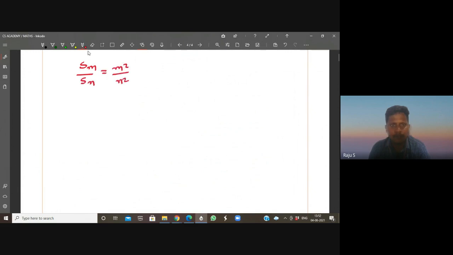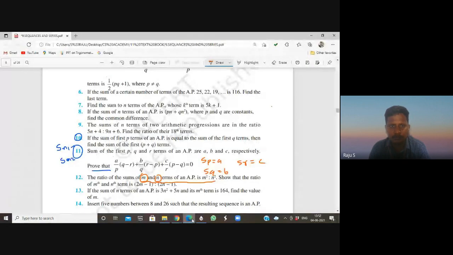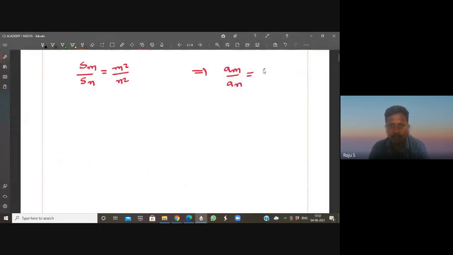Now we have to prove that Am by An is equal to 2m minus 1 by 2n minus 1.